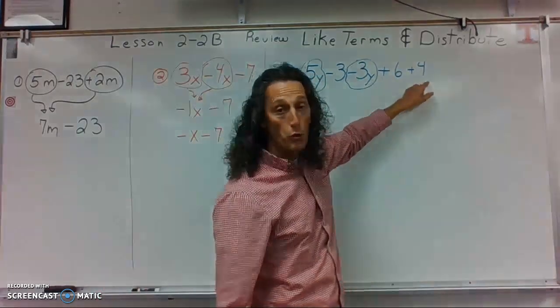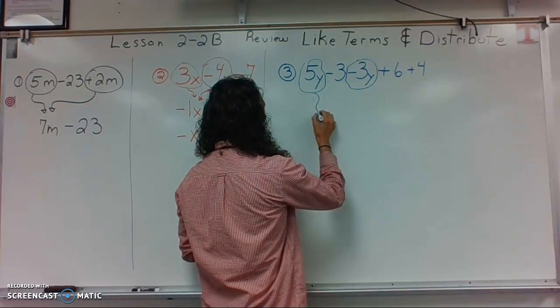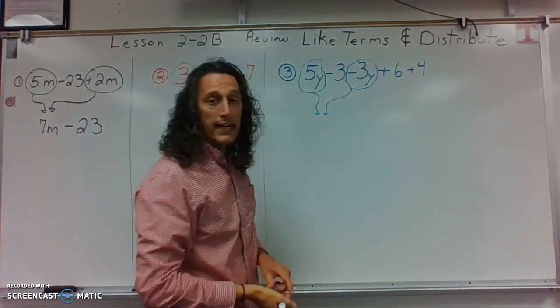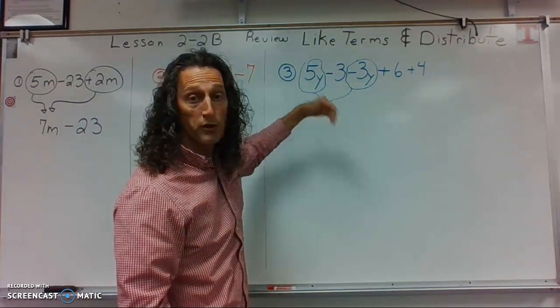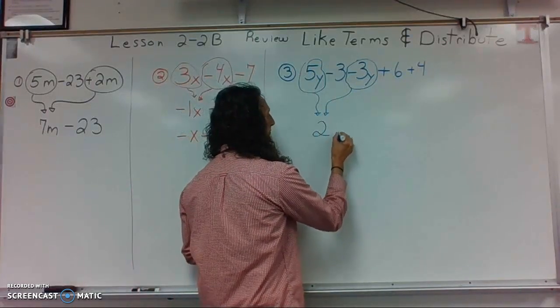No yo-yos, no yo-yos, right? So all I'm going to do is put my yo-yos together. And again, I look at their signs. He's positive, that's negative. Different teams are going to go to war. They're going to subtract. I'm going to get a 2y, or 2 yo-yos.